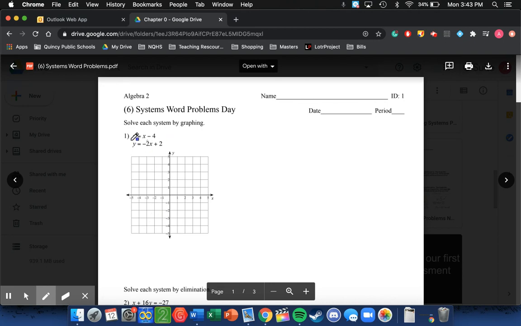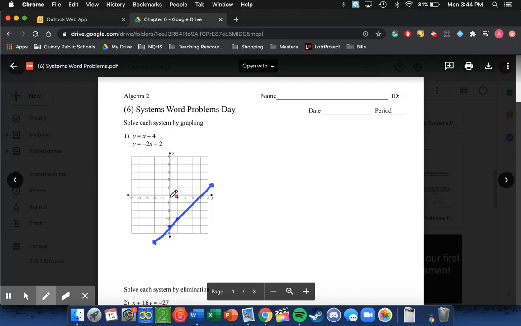So if I look at this first equation here, y equals x minus 4, so y-intercept of negative 4, and a slope of 1, up 1 over 1. And what's cool about linear equations is that 2 points is all I ever really need to draw that straight line. Now let's change my color and let's work on the next one.